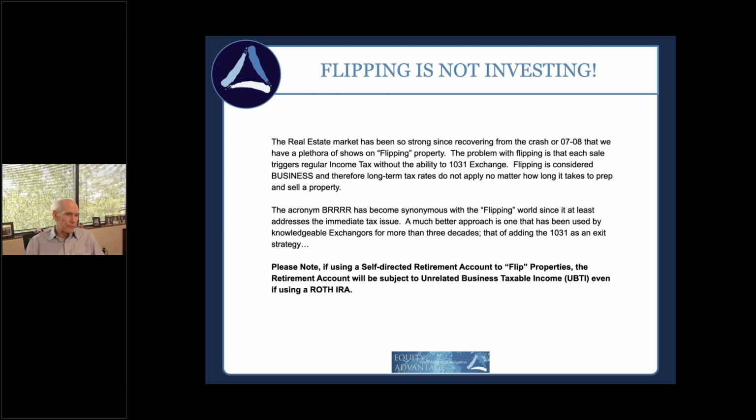People have been doing this for decades. So the idea is, instead of just buying, fixing, turning and paying normal income tax because you're a dealer, you buy it, fix it. If you want some money out of it, the increased value you can pull out via cash out refinance.